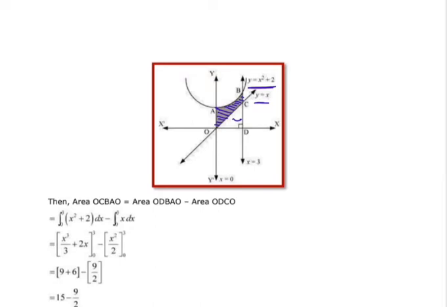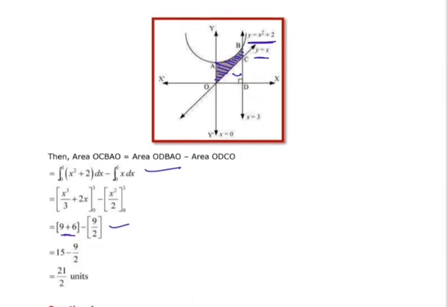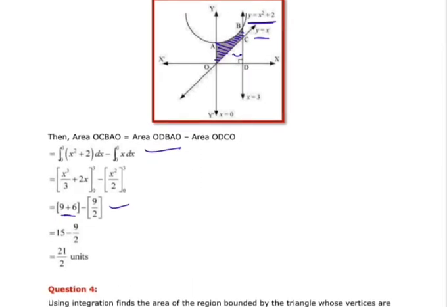So now integration 0 to 3 limit function we have common for both, x square plus 2, it is y dx again, minus 0 to 3 x dx, right? So integrating this x cube by 3 plus 2x 0 to 3 limit, again minus x square by 2 0 to 3 limit. So on substituting upper limit, it is 9 plus 6 minus it is 9 by 2. So what we get here, 15 minus 9 by 2 means it is 21 by 2 square units is the required area.